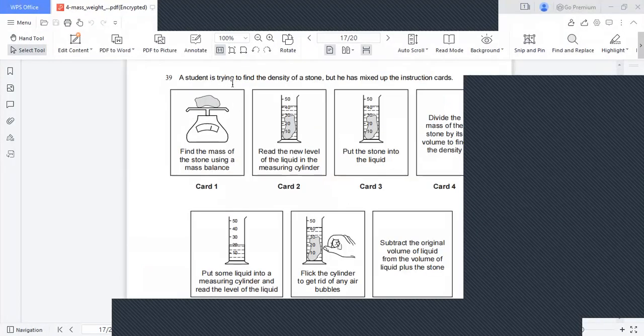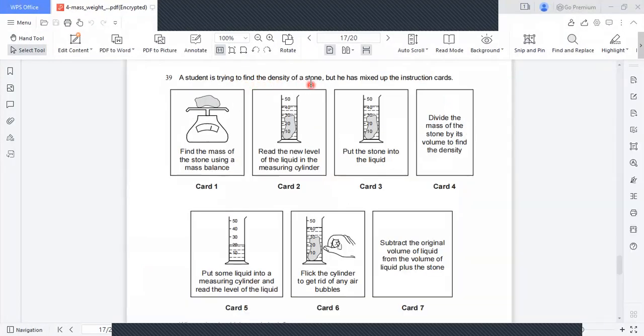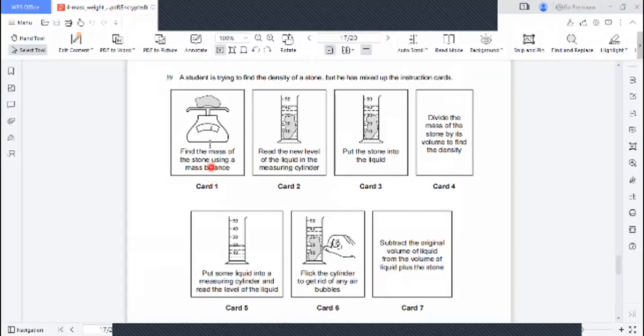A student is trying to find the density of a stone, but he has mixed up the instruction cards. Card 1 is this one, card 2 is this one, card 3. Find the mass of the stone using a mass balance. Read the new level.